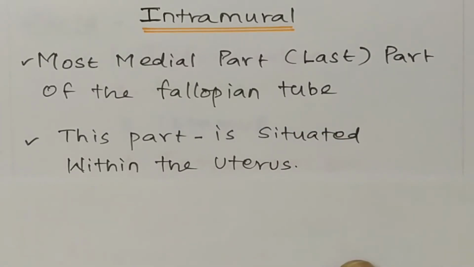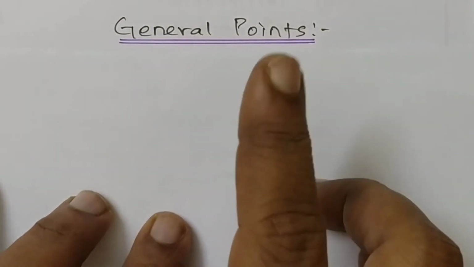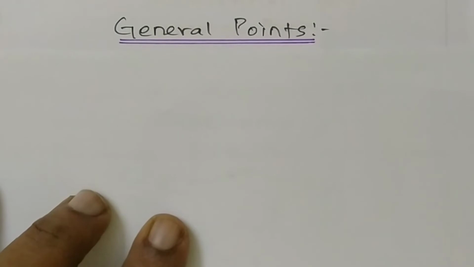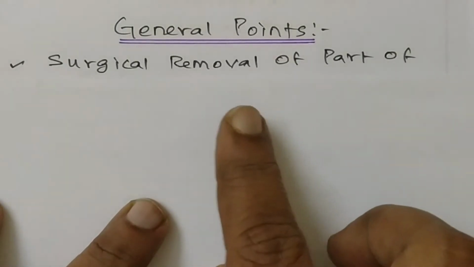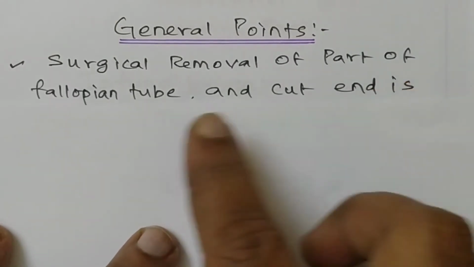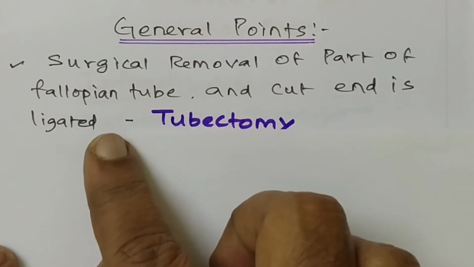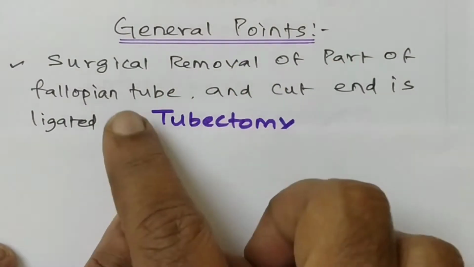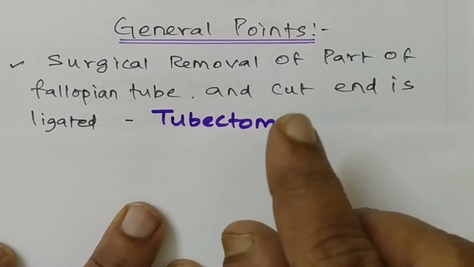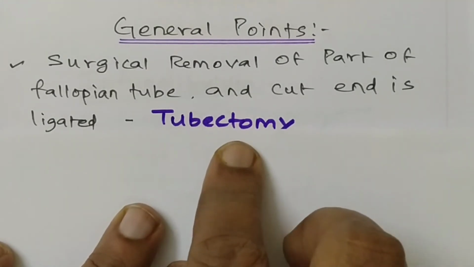Now we are going to discuss some general points related to the fallopian tubes. As we discussed earlier, the fallopian tube is the site of fertilization. As a permanent birth control method, a portion of the fallopian tube is surgically removed, and the cut end is ligated. Ligated means joined, tied. Such a birth control method done in females is called tubectomy.